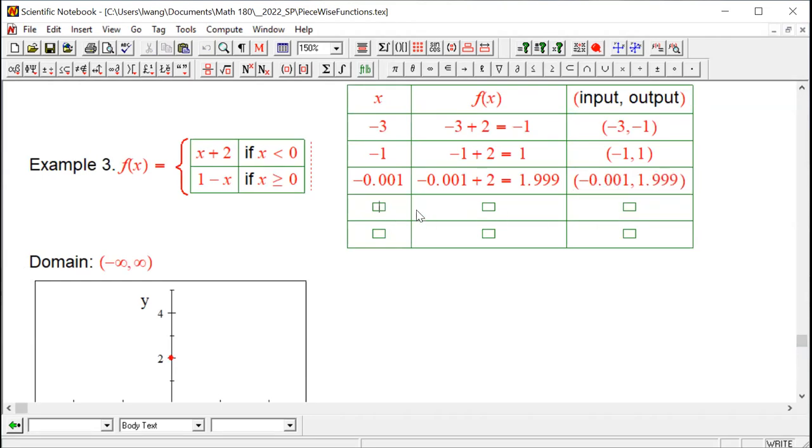Now the question is, what if we put a 0 in there? Because when we have 0, we're going to use this second rule, right? When we use 0, the output is going to be 1 minus 0, so that point is going to be 0, 1.